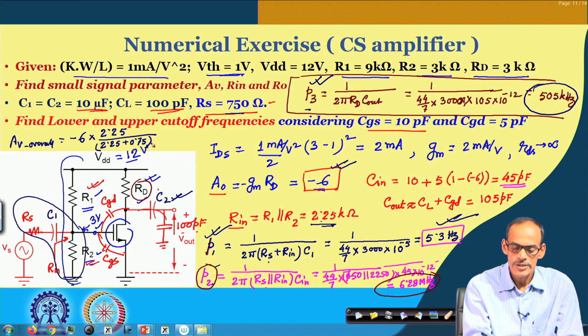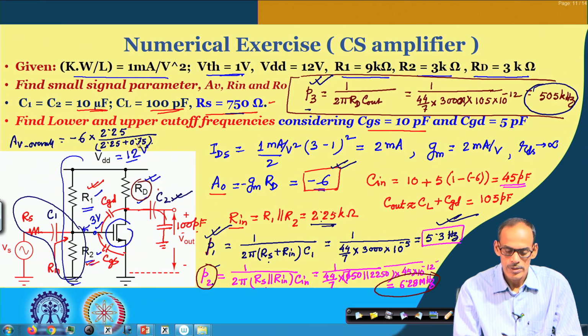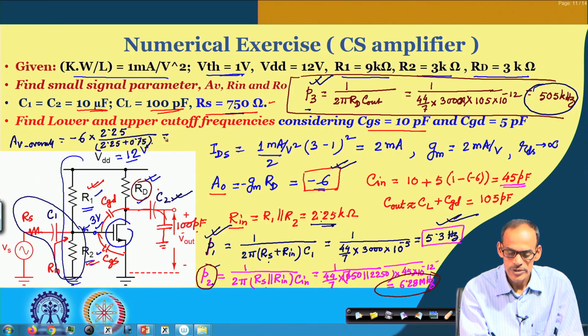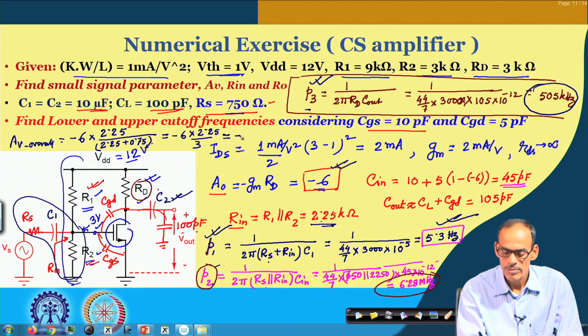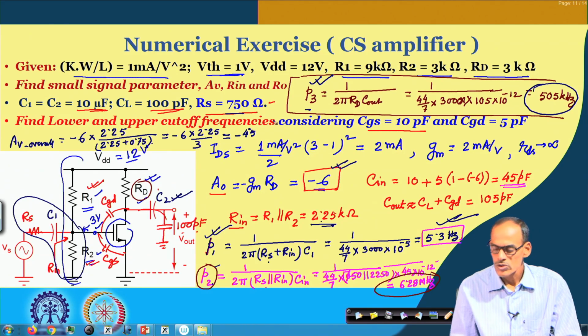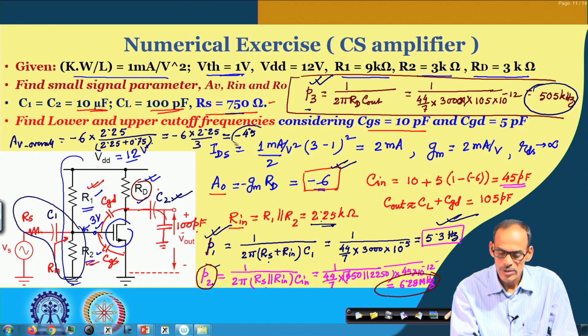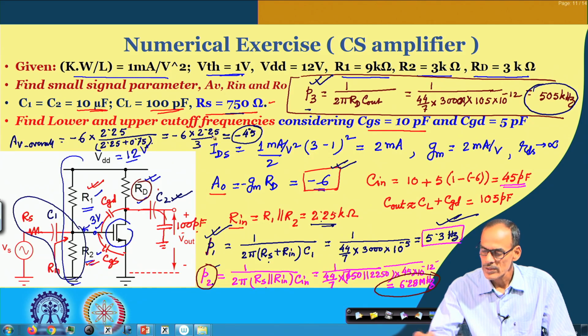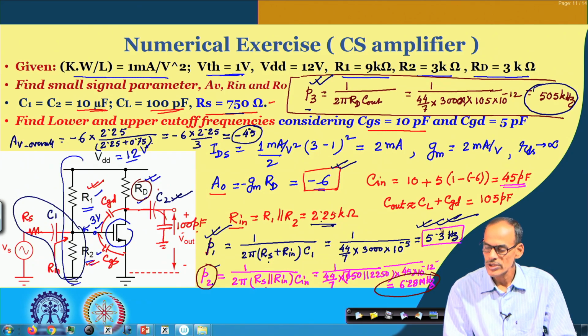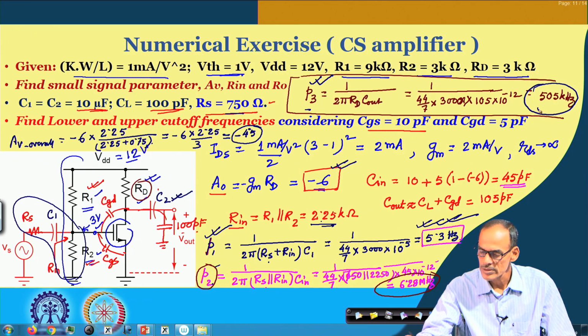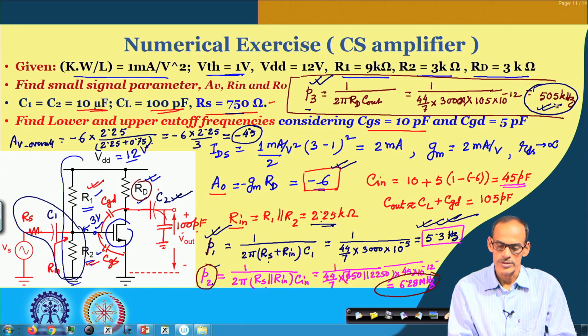So this part becomes 3, and this is minus 6 into 2.25 divided by 3. That gives us minus 4.5. So the mid frequency gain is only 4.5, the lower cutoff frequency is 5.3 hertz, and the upper cutoff frequency is 505 kilohertz.